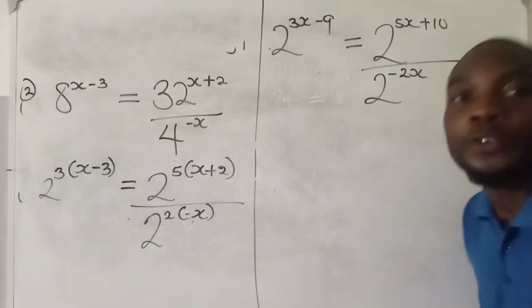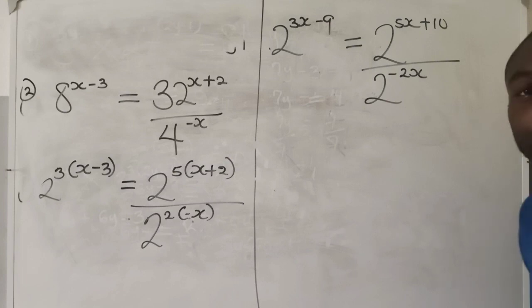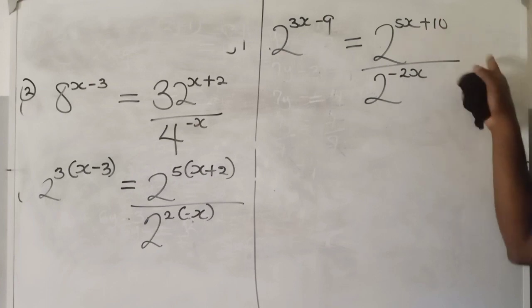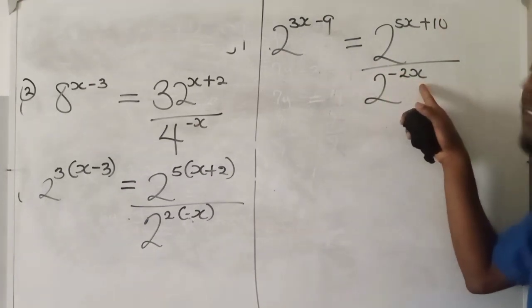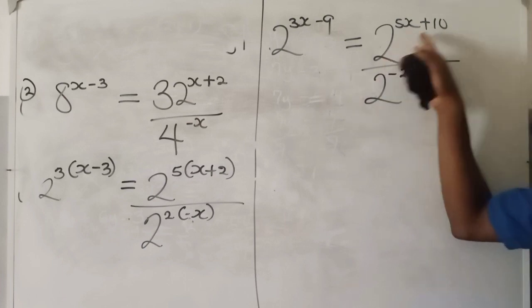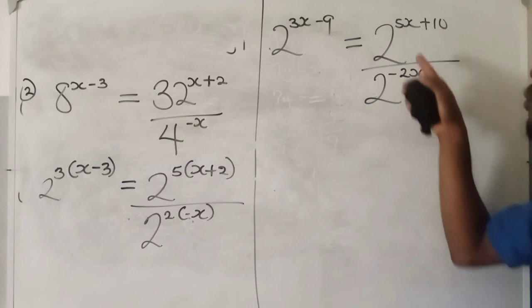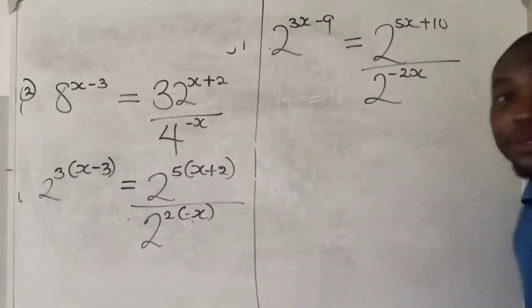All right, so we're going to apply the laws of indices, which says division changes to subtraction. 2 raised to the power of 5x plus 10 divided by 2 raised to the power of minus 2x. It's same thing as saying 2 raised to the power of 5x plus 10 minus 2x. That is, we pick one of the bases, which is 2, since they are the same, then we minus the power.